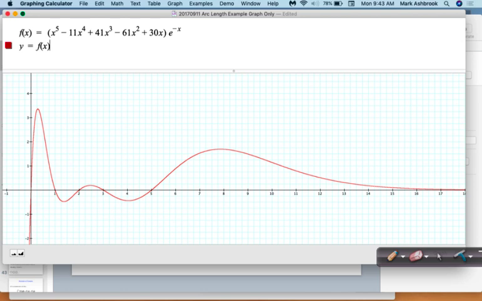Could you do it? Could you write it out? Or has all the math fallen out of your brain over the weekend? So could you write a function? For arc length we called it little s, so I'm going to call it s of x.